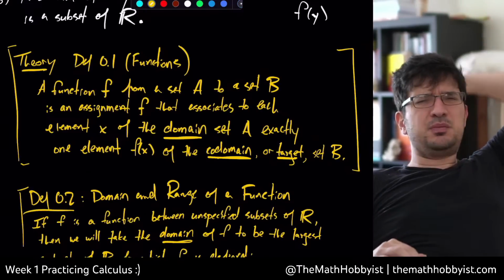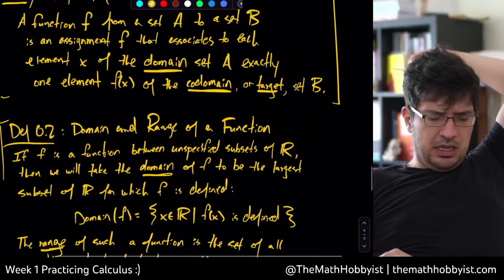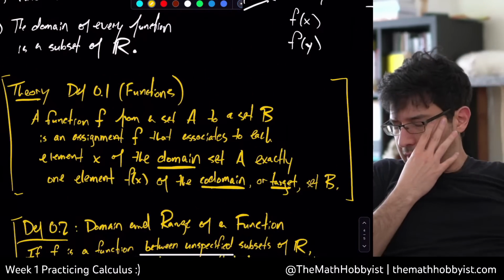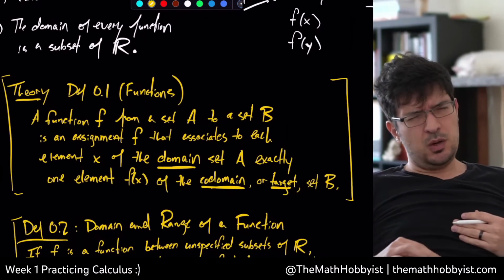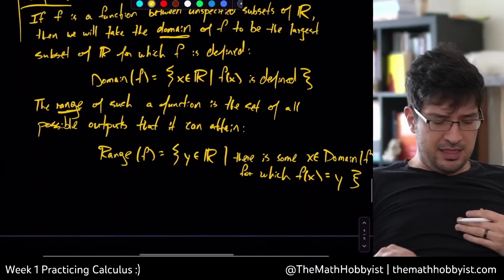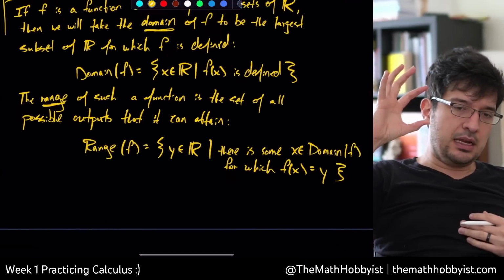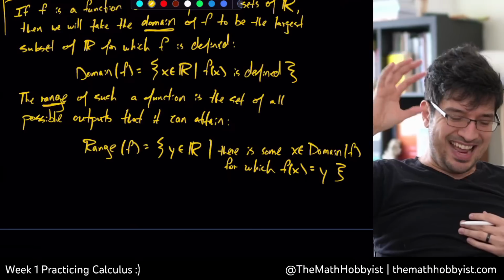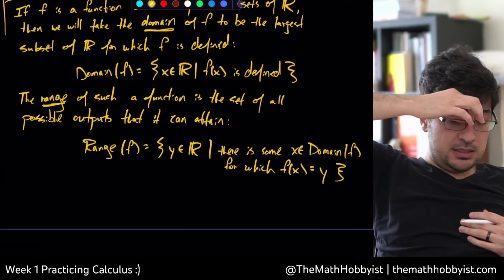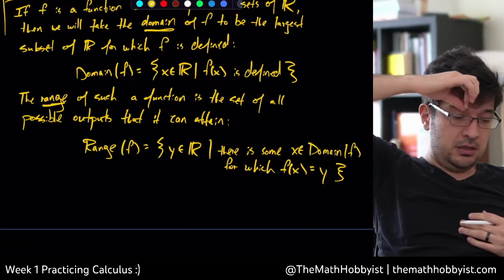I haven't heard the term target before, but I like it. From the domain to the codomain, and then the range is the part of the codomain that it can attain. The range is a subset of the codomain.